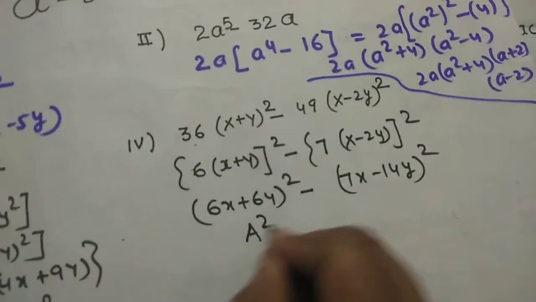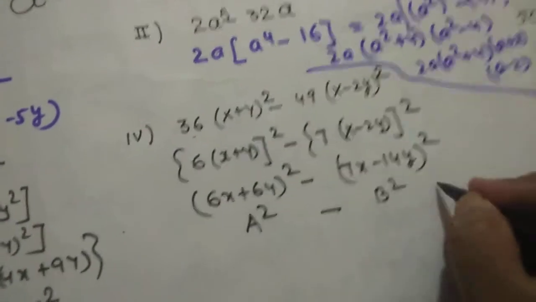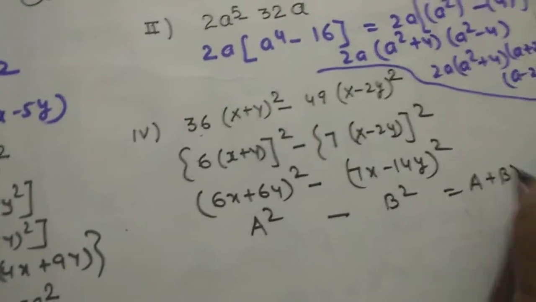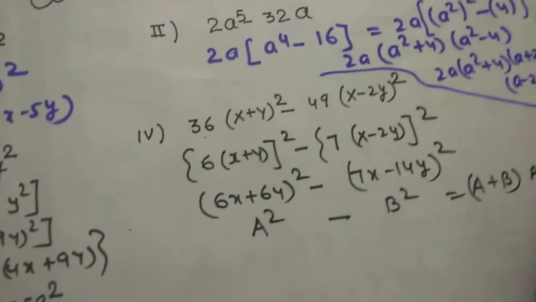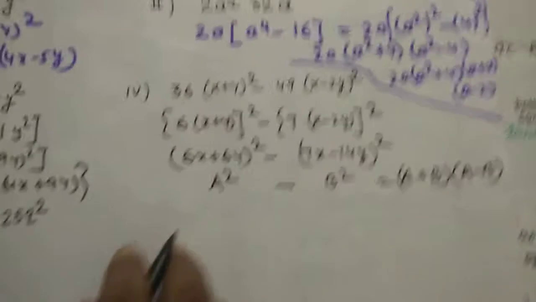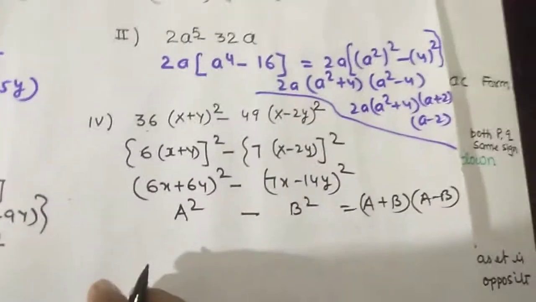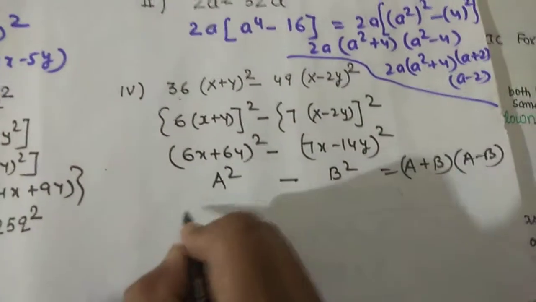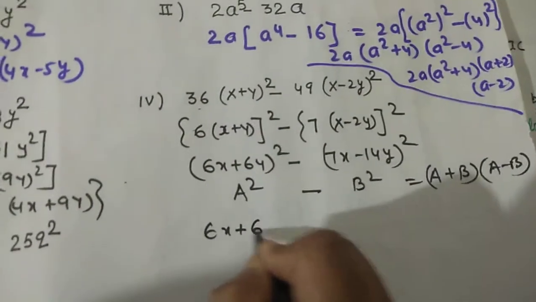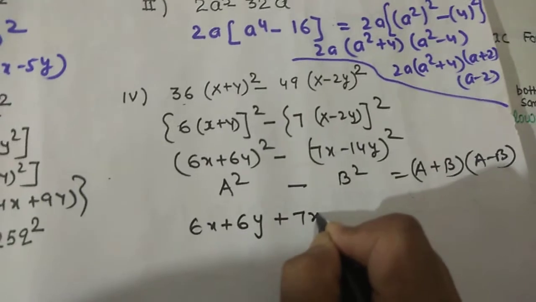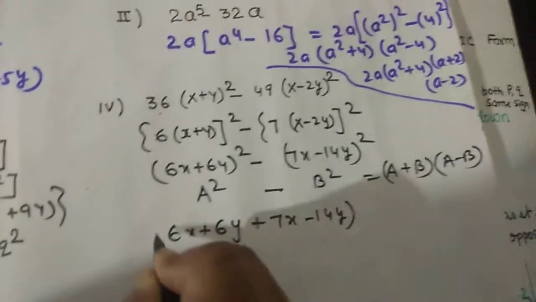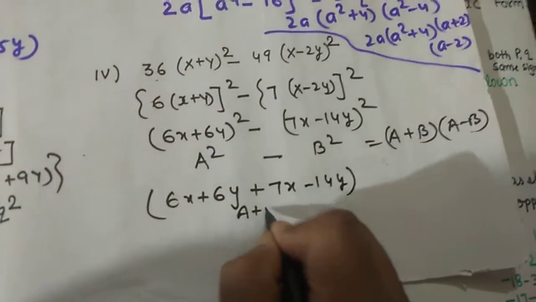Now a square minus b square is equal to a plus b, a minus b. I am proceeding: a plus b, a minus b. Now you check, 6x plus 6y plus 7x minus 14y. This is a plus b.